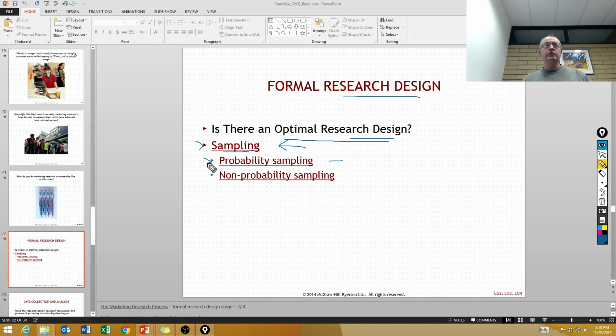So if we use so-called probability sampling, it means that we know in advance what the likelihood is of selecting a particular person. And when we use probability sampling, our results are probably going to best represent the views of the total population. But if we use non-probability sampling, we don't know what the likelihood is of a particular person getting selected.